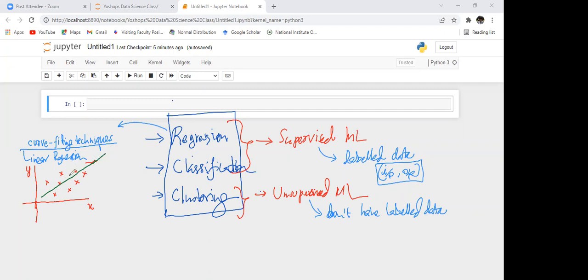And the target is to get this straight line, which is the best fit for the data available with you. When I say best fit, I mean to say the data points are at the minimum distance from this line of best fit. Okay. We can call these error terms, right?